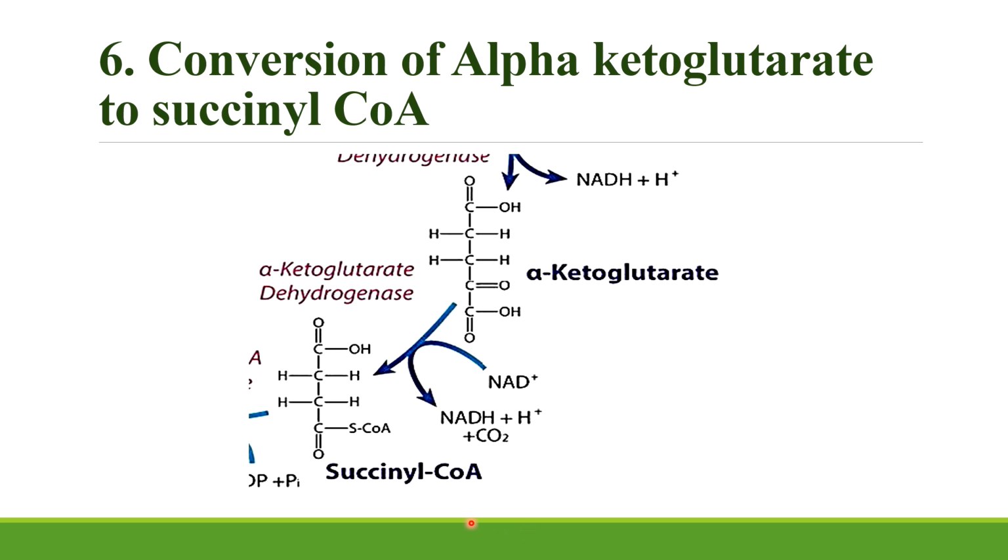In this step again, another molecule of NADH is produced, accompanied by release of one more molecule of carbon dioxide. So this is the second carbon dioxide molecule which is released.